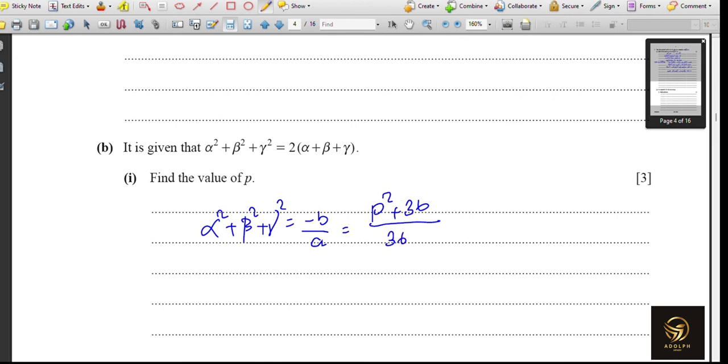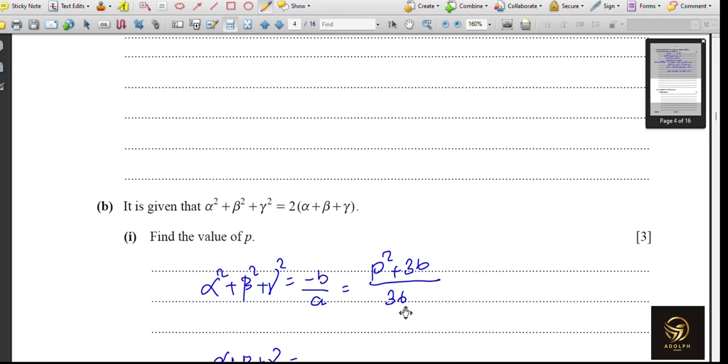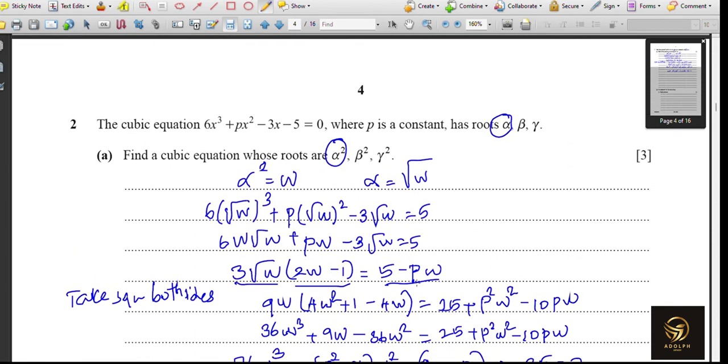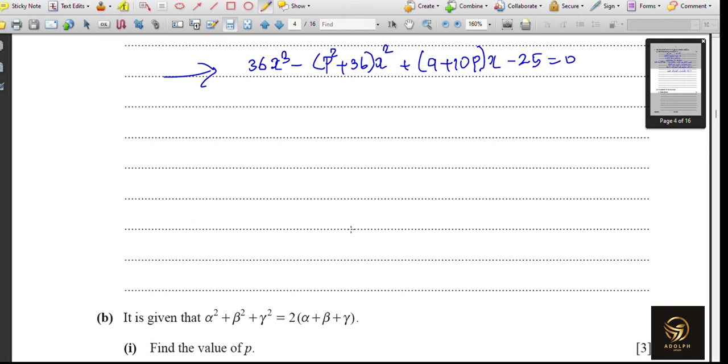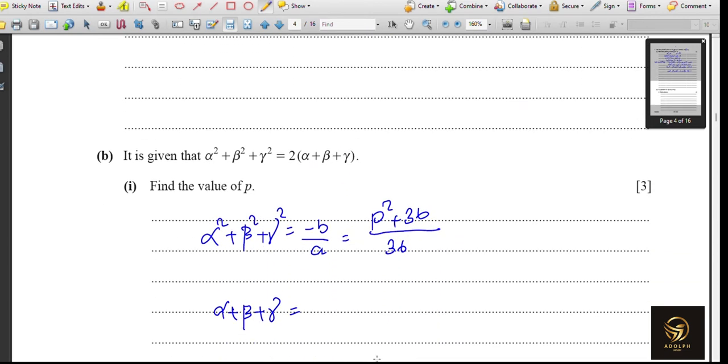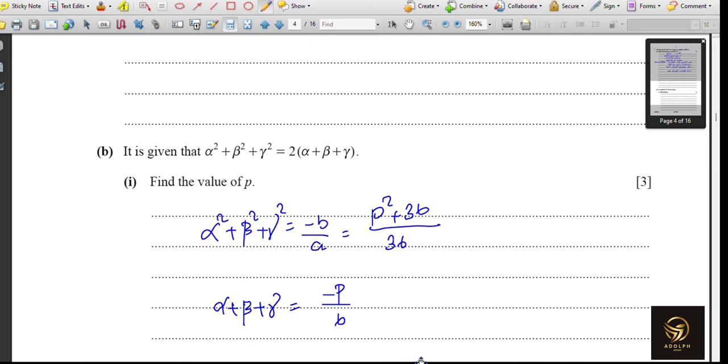And alpha plus beta plus gamma, we can get it from the initial equation, the one they gave, because alpha, beta, gamma are the roots of it. It's negative p divided by 6 that we are getting. So alpha plus beta plus gamma also is negative b by a, so here we are getting negative p divided by 6.